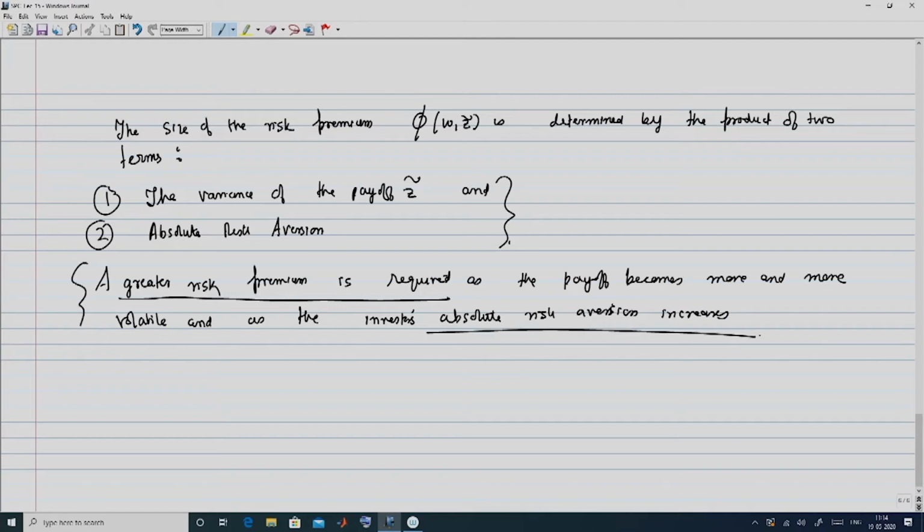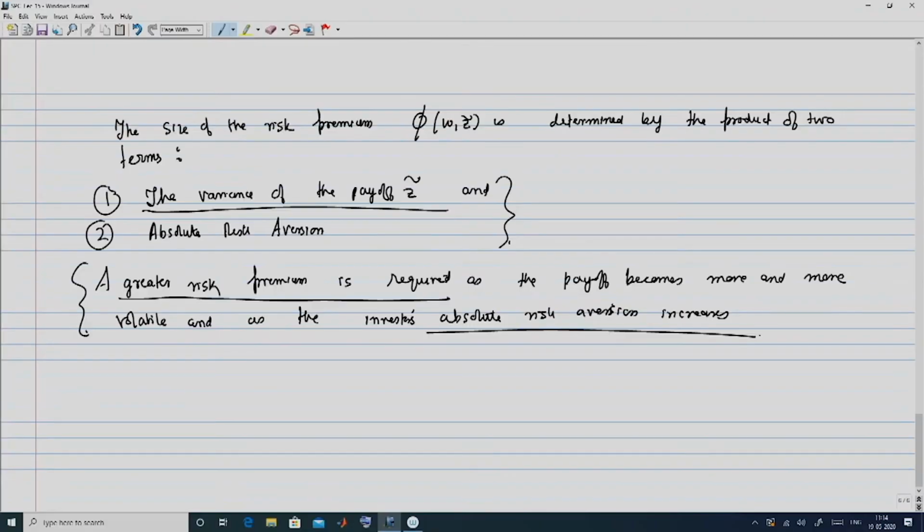So, this statement follows immediately from the fact that the risk premium phi W tilde can be decomposed into two quantities, namely the variance of the payoff Z tilde, which is denoted by sigma Z square, and the absolute risk aversion. So, this risk premium has to be higher under two circumstances. The first circumstance is when this variance increases.